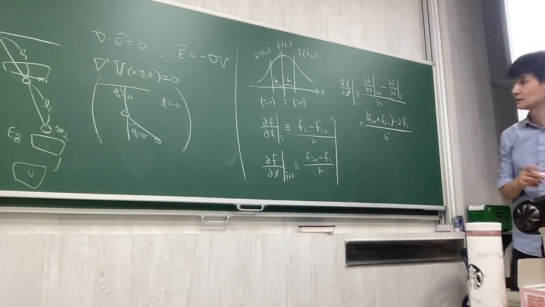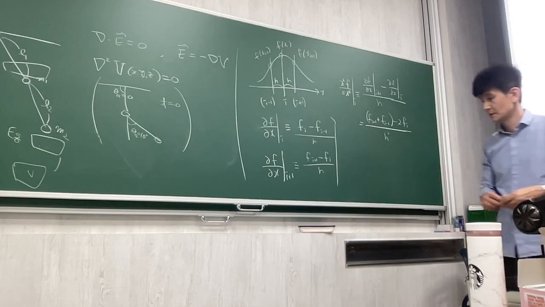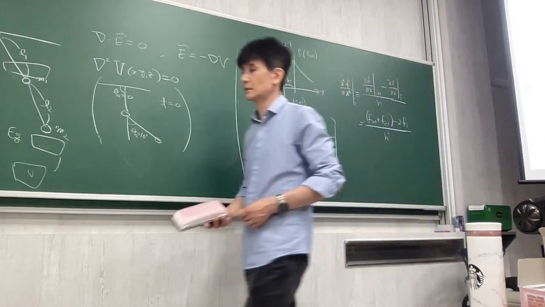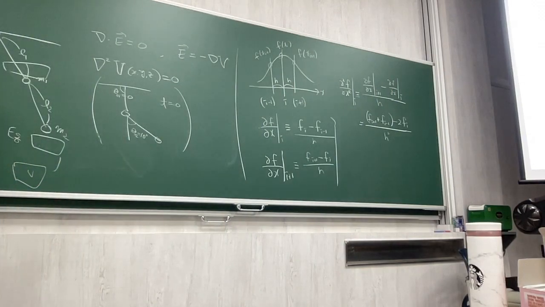So these are the representation of the second order derivative with respect to the x-axis by using the sample data points.